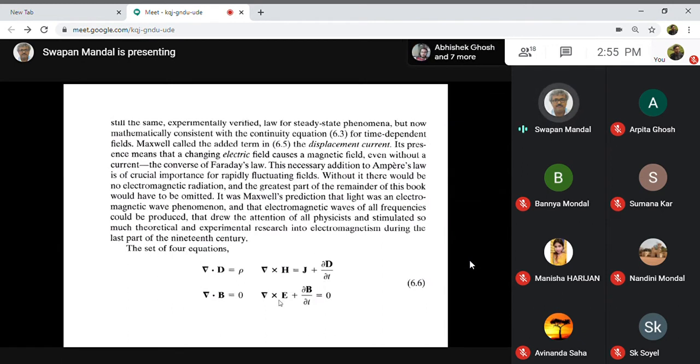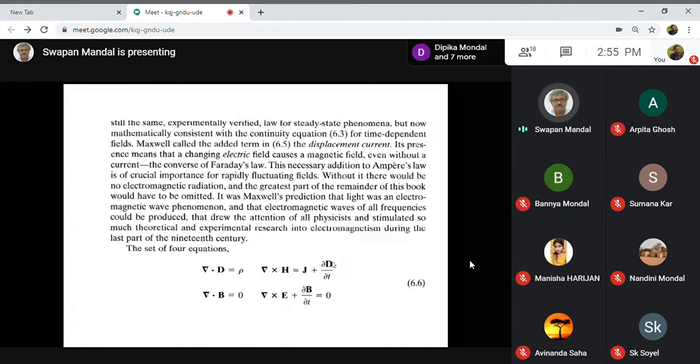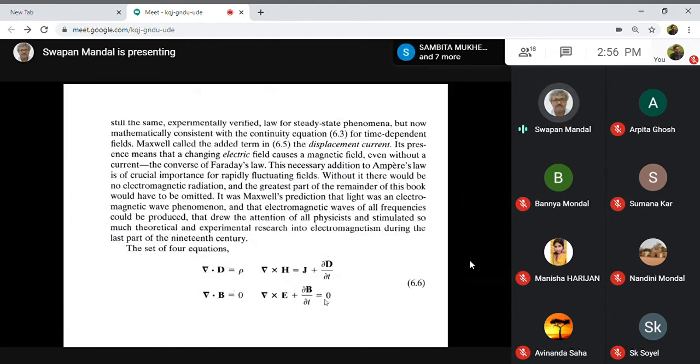Here is the electric field and here is the magnetic field, and they are related. And here is the magnetic field and the electric field is here, so once again they are related. However, in the other two equations, you cannot have the electric and magnetic fields combined, because this is the electric field alone and this is the magnetic field alone. So these two equations are responsible for the coupling of the electric and magnetic fields.